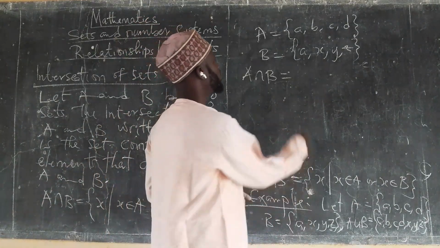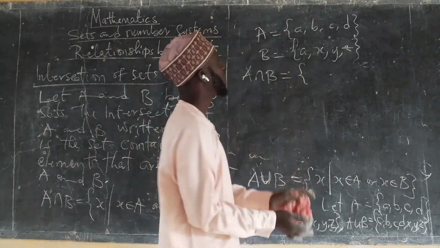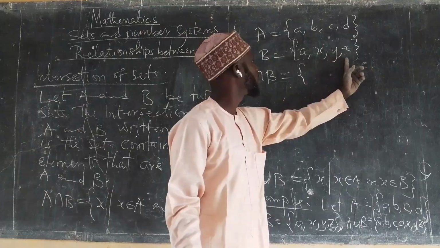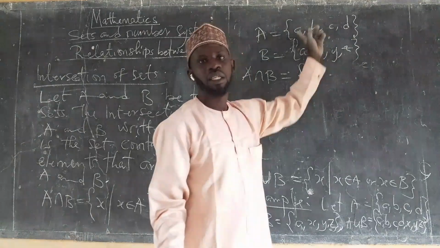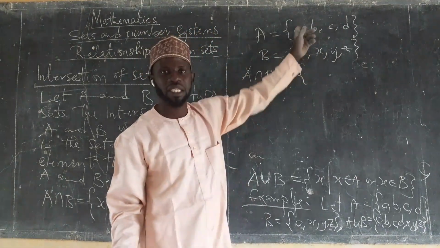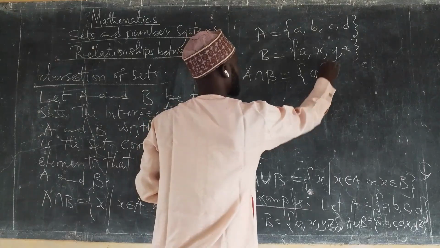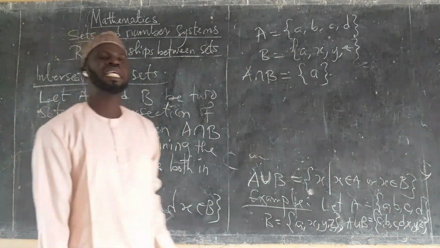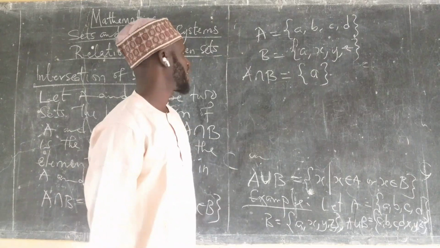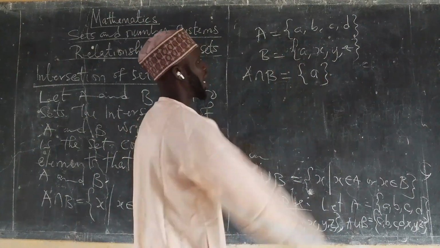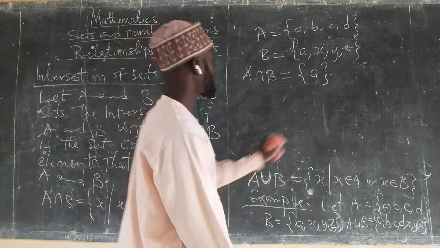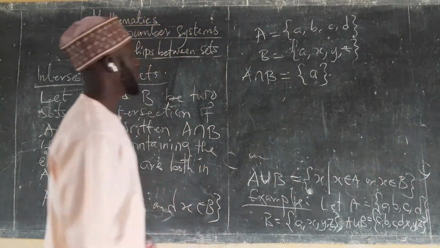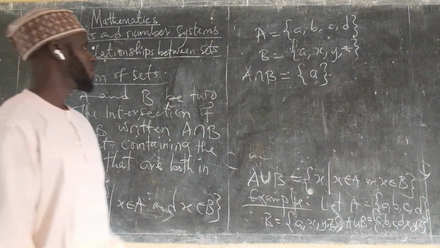How many elements are here and are also here? It's just A. So A is the common element here. So we write {A}. And that's a singleton set. A intersection B is a singleton set, containing only A as a member. So that is the intersection of two sets.